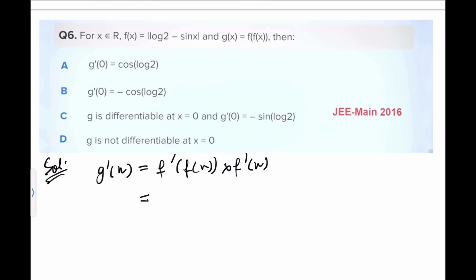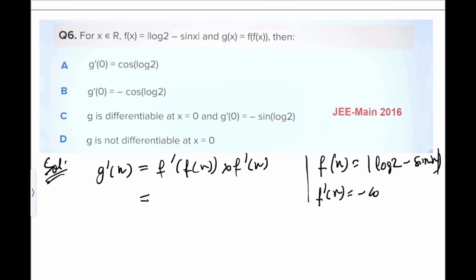One more thing, our f(x) is log(2 − sin x), and then our f'(x) will be −cos x.